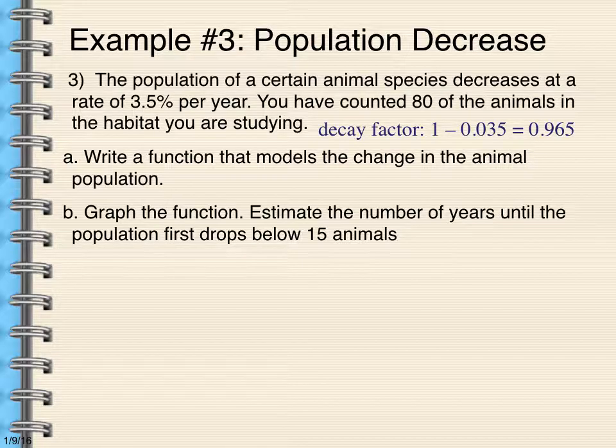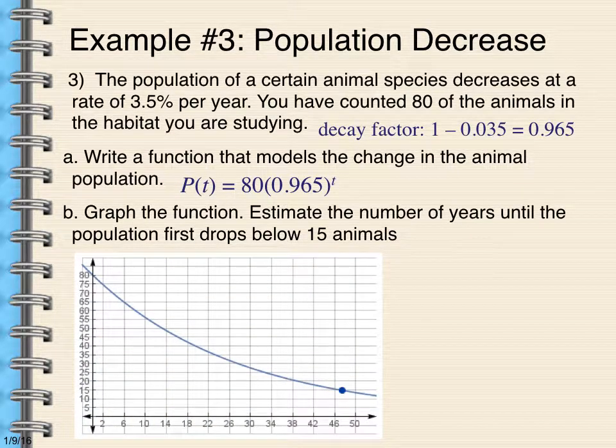So our P, population after t years, will be the 80, which was the initial amount, times 0.965 raised to the t power. So we can graph that using any graphing utility or graphing calculator, and we can see that we have an exponential decay function.